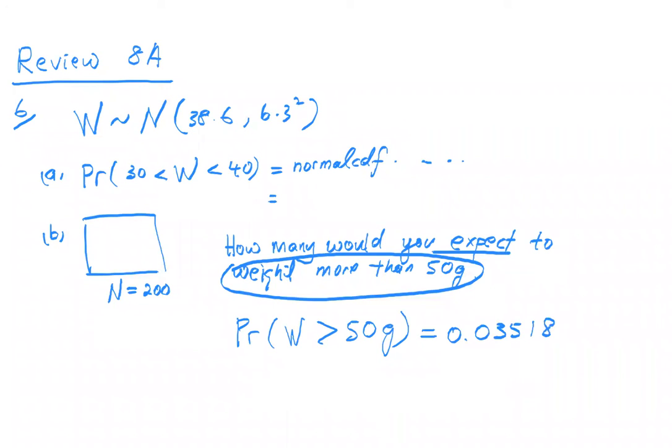Is that correct? Okay, so therefore the expected number will be 200 times 0.03518. Got it?